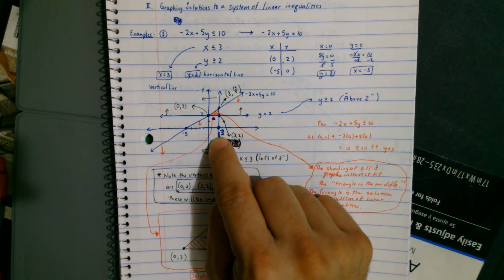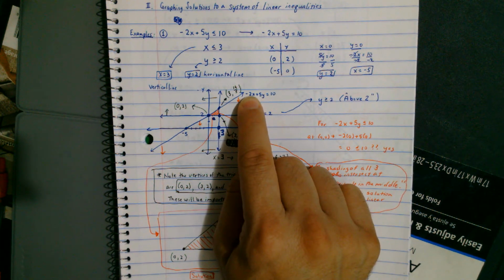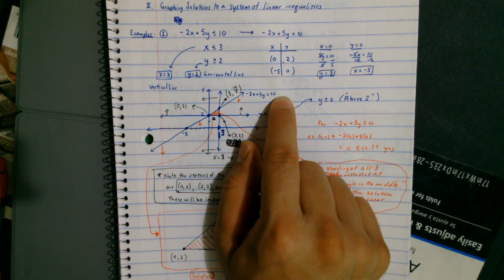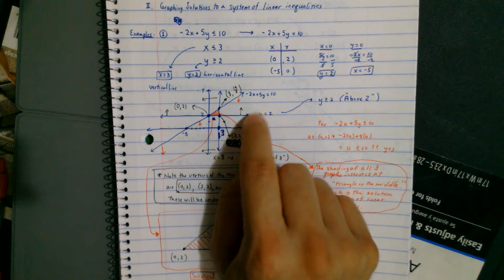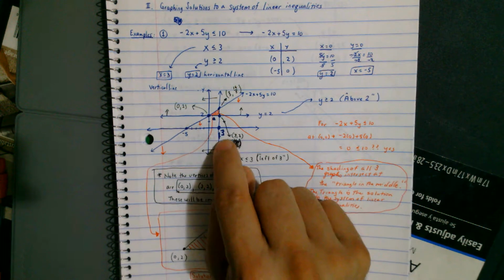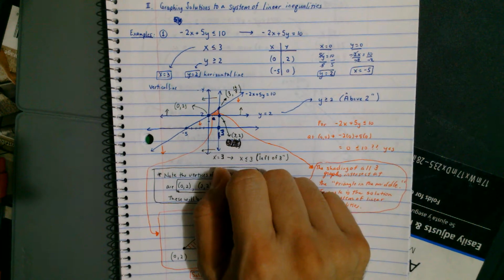So when x is 3, you plug in a 3 for x here. So that's -6. If you add 6 to both sides, you get 16 here. If you divide both sides by 5, that's where you get that point. So the intersection point is when x equals 3 meets -2x plus 5y equals 10.